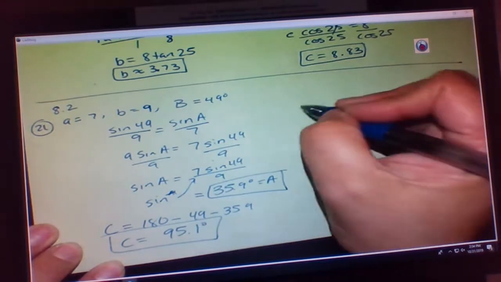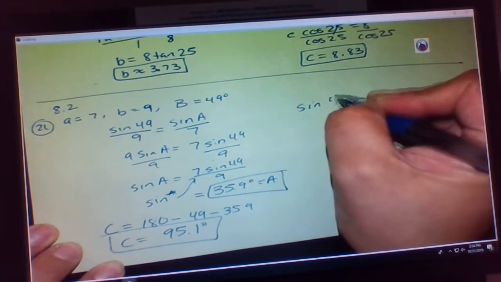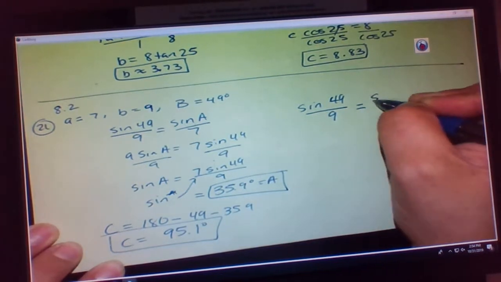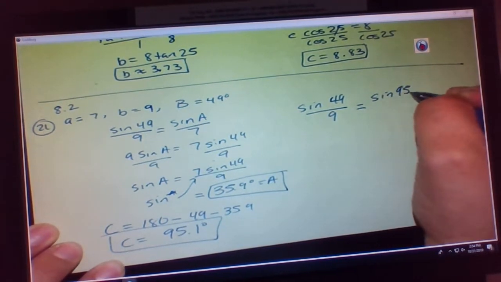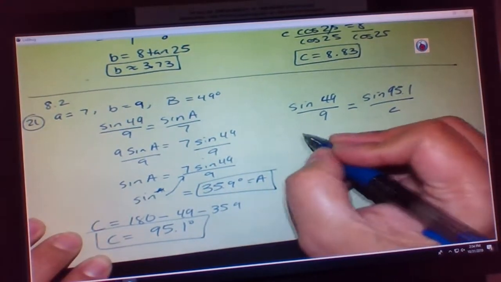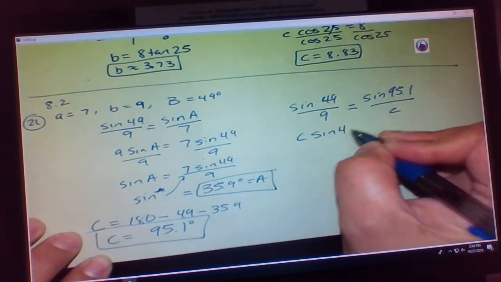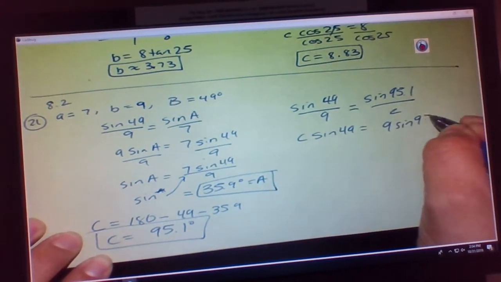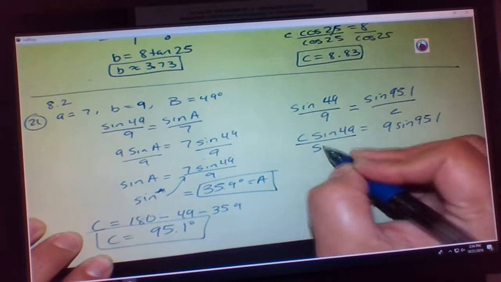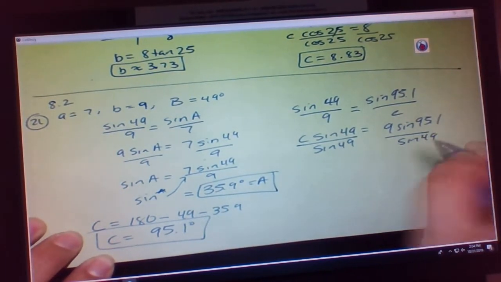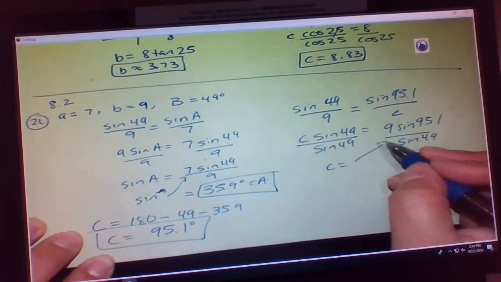Your side C. So sine of 49 over 9 equals sine of 95.1 over little c. C sine of 49 equals 9 sine of 95.1. Divide both sides by sine of 49. And then you just plug that into the calculator.